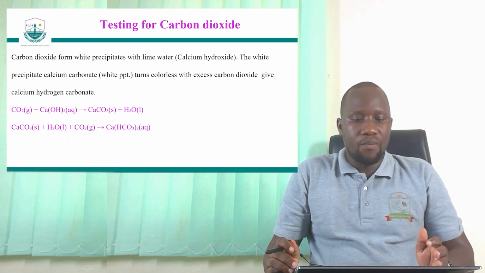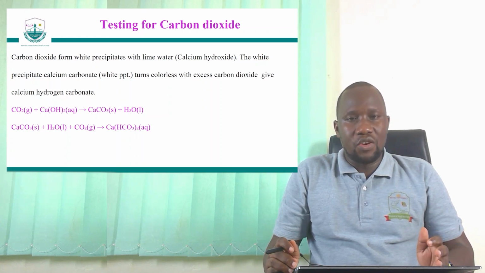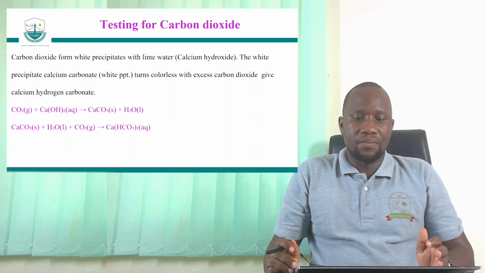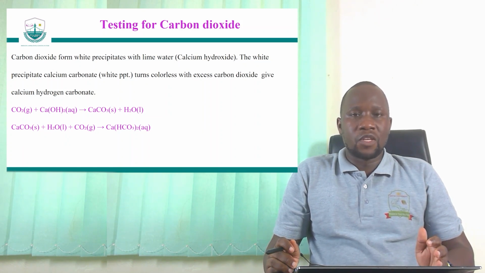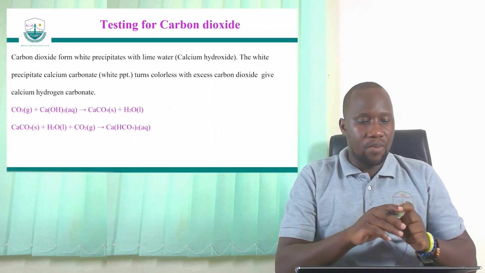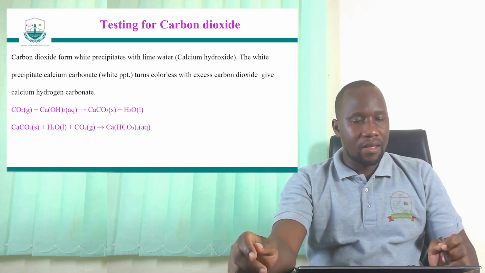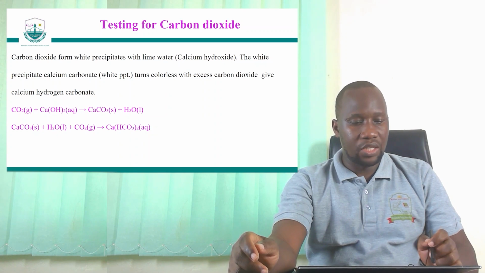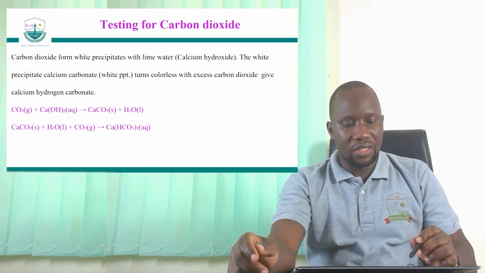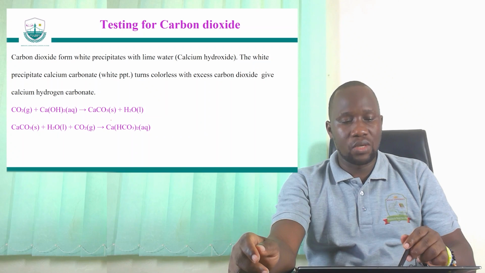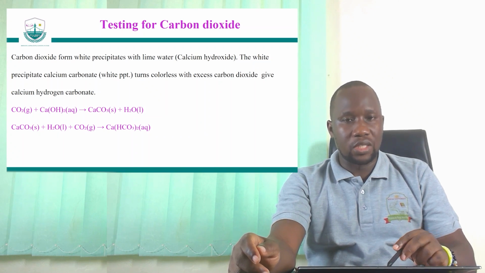Because you're going to form calcium hydrogencarbonate. That's what we form eventually. So we are saying that you pass carbon dioxide into calcium hydroxide. You first form a white precipitate which is solid, plus water.